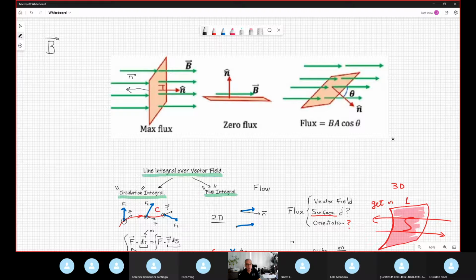See, the vector field, sorry, is perpendicular to the normal vector, so the flux is 0 because the dot product is 0. Then at one specific intermediate angle, you can see the classical formula that you see in physics: the vector field, in this case multiplied not by displacement but by the area of the surface, times cosine theta, which is the angle between these. Okay.